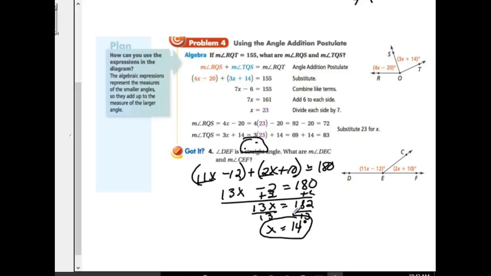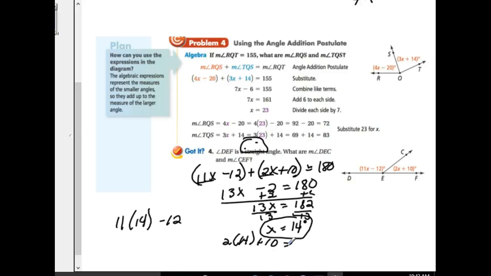Now, again, that is not the only answer. Now we've got to substitute that back in. We've got to say 11 times 14 minus 12 to find angle DEC, and we've got to do 2 times 14 plus 10 will equal angle CEF.